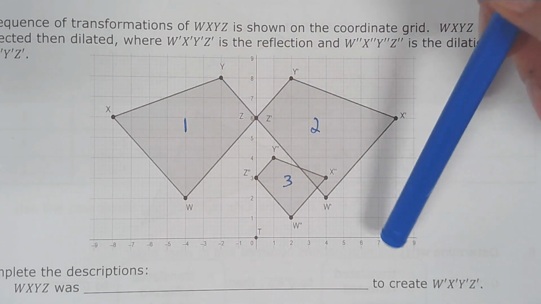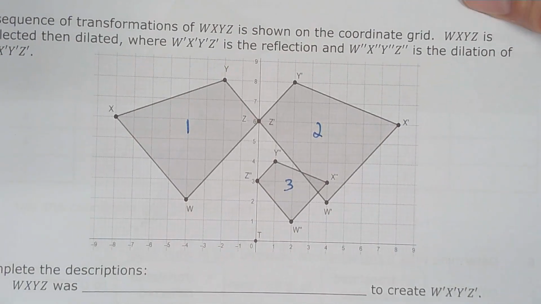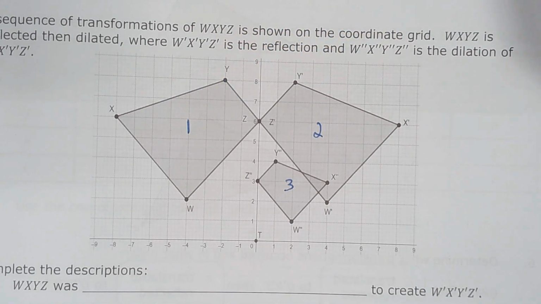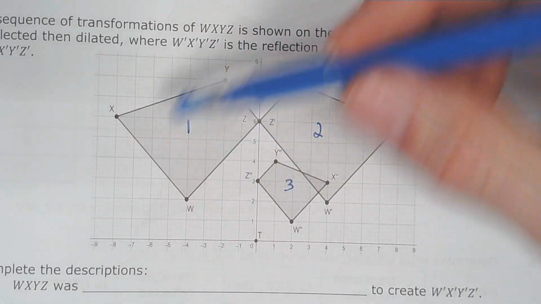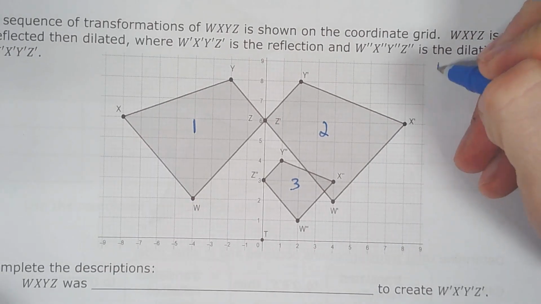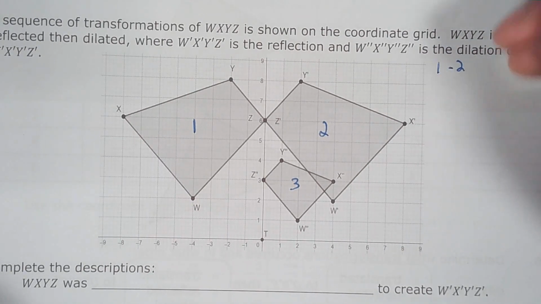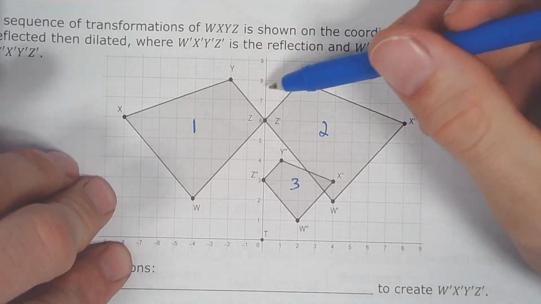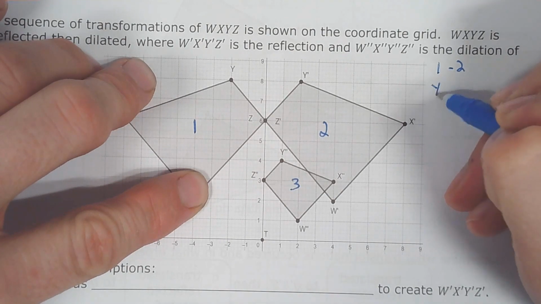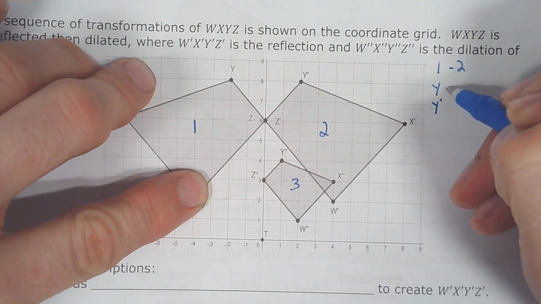what happens first? Well, the first thing that happened, from this one to this one, I'm just going to pick one of these axes here. So from 1 to 2, what happened? Well, I'm going to pick the easy one here. So my y coordinate to my y prime coordinate, what happened?